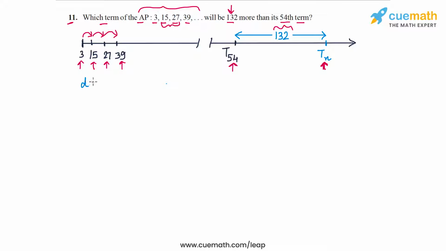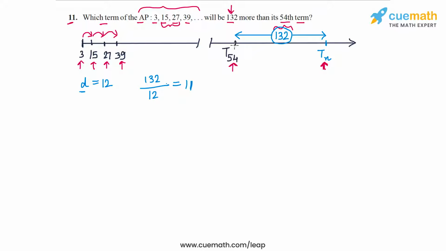So D is equal to 12, and this means that to take this jump of 132 units from the 54th term, how many jumps of size D would we have to make? So we would have to make 132, the total gap, divided by 12, the size of each jump, and this is 11.